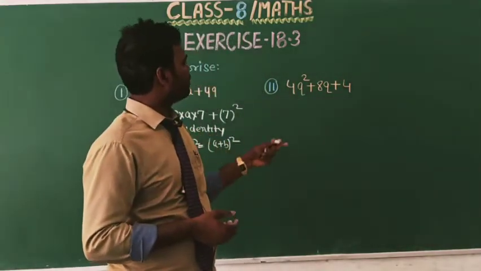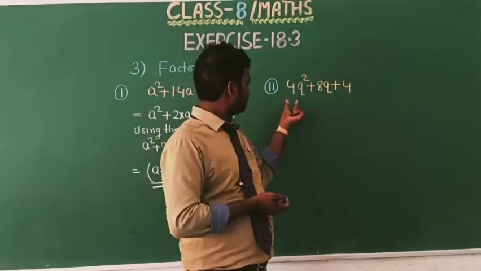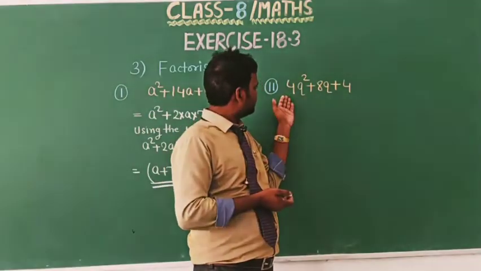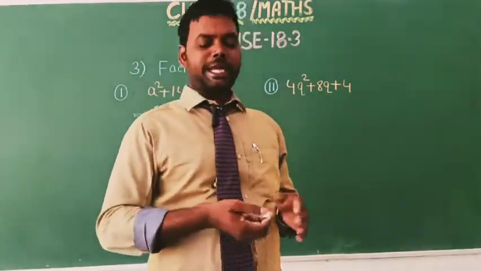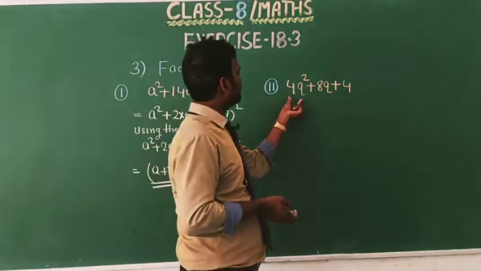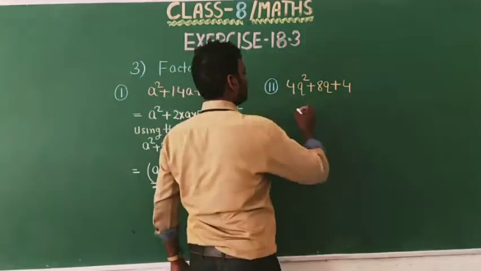This is 4q square plus 8q plus 4. Here we clearly observe that the first term and third term are perfect squares.